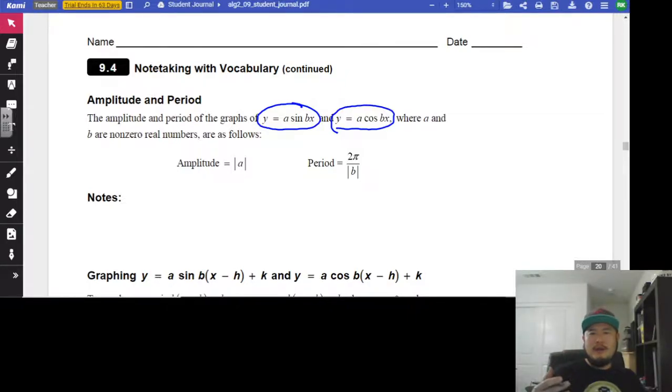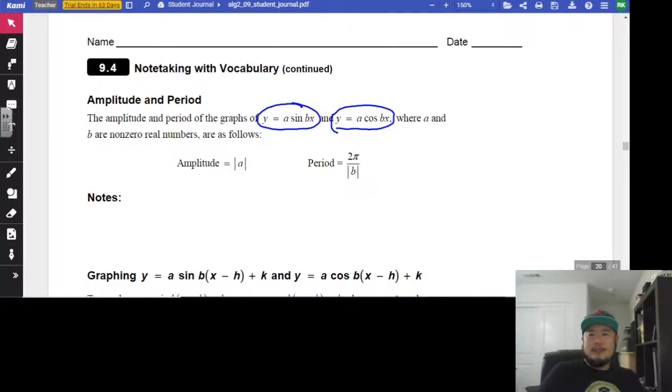We talked about in those equations where we had the letter A, we had the letter B, and so you should have an idea that when A is in front of our equation, like y is equal to A sine bx, that's going to have to do something with our output.